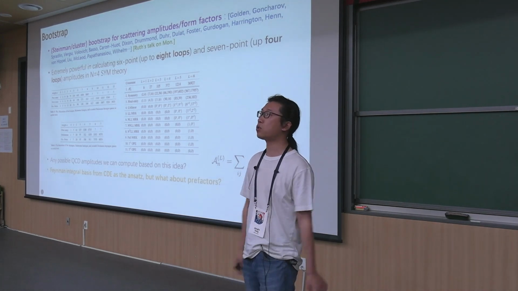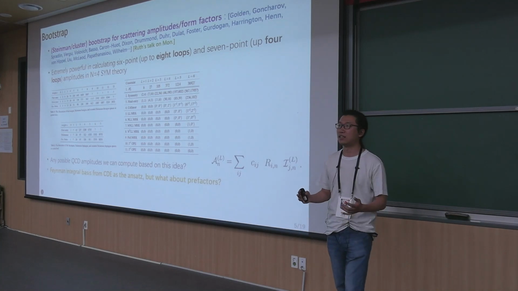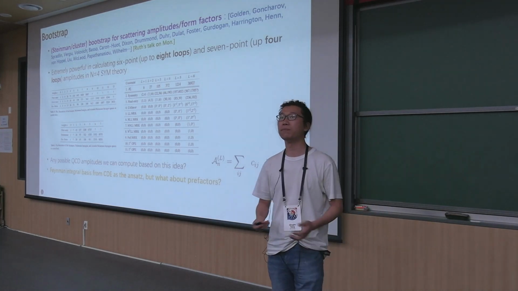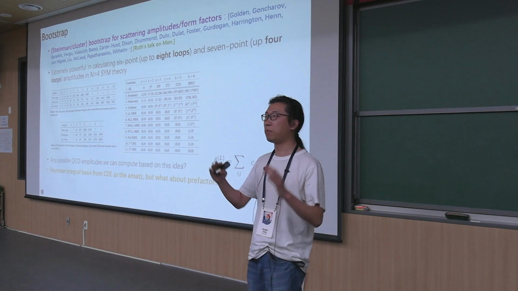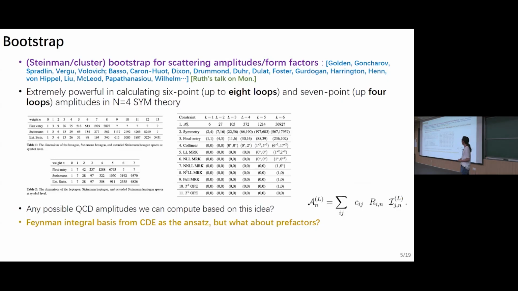So finally, this information will allow you to write down all the possible functions that satisfy your prediction. Basically, it will form a very big function space that's very reasonable for your observable. And what you need to do is impose the physical conditions that your observable satisfies, to fix the coefficients between these bases, or say you get rid of the useless candidates. And finally, what you get will be the final result.